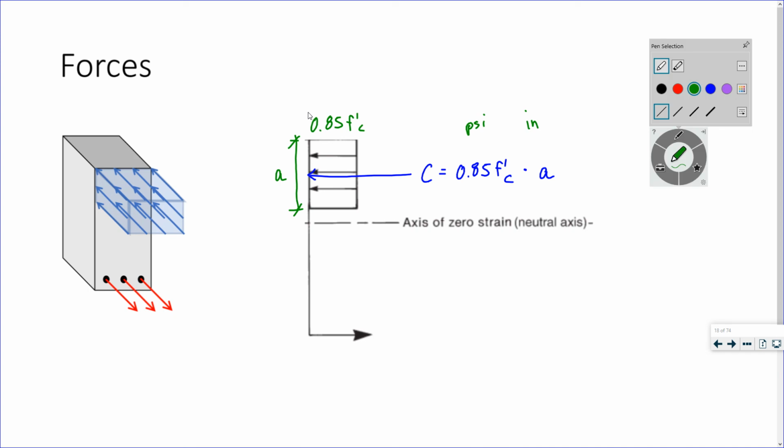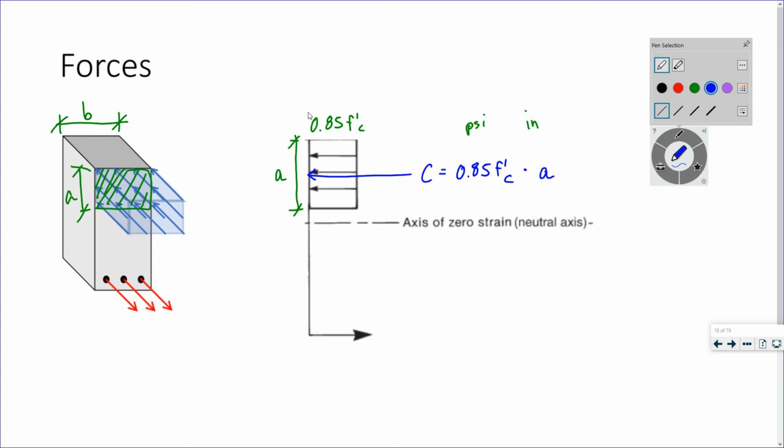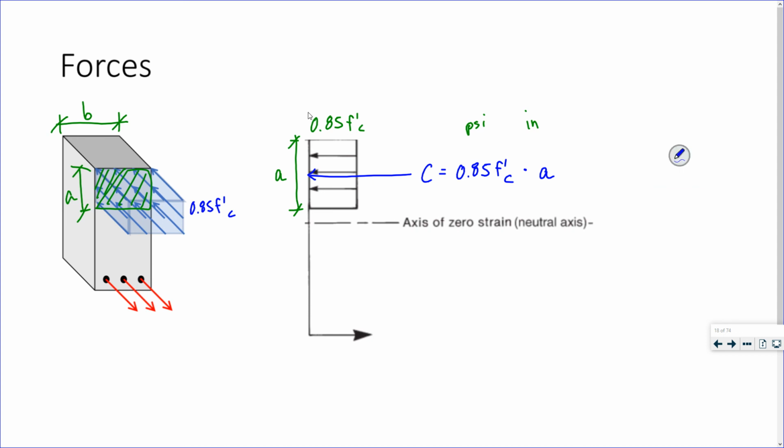So my other value that I need is the width. The height is A, and the width of the beam is b. That's my area that I'm multiplying the stress by. 0.85 f'c is my stress. f'c is a stress, it's your compressive stress, it's in psi.